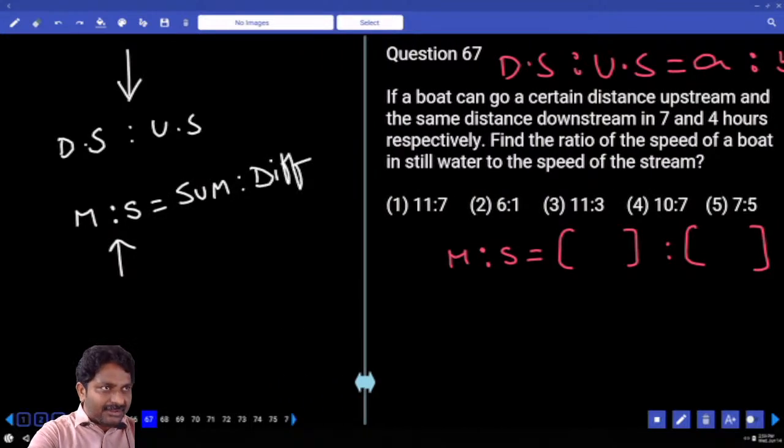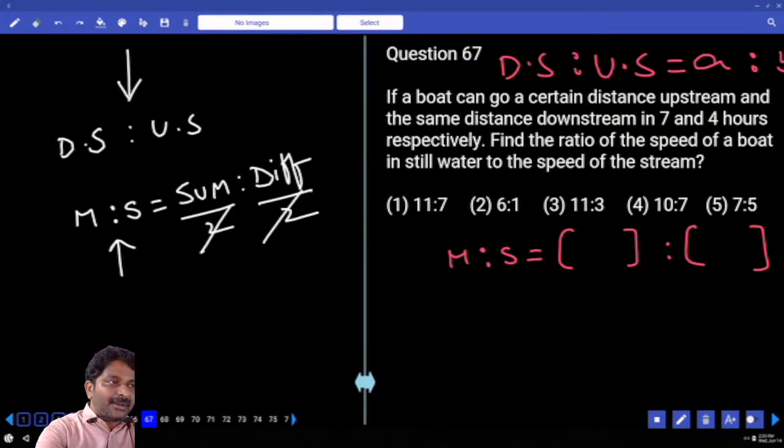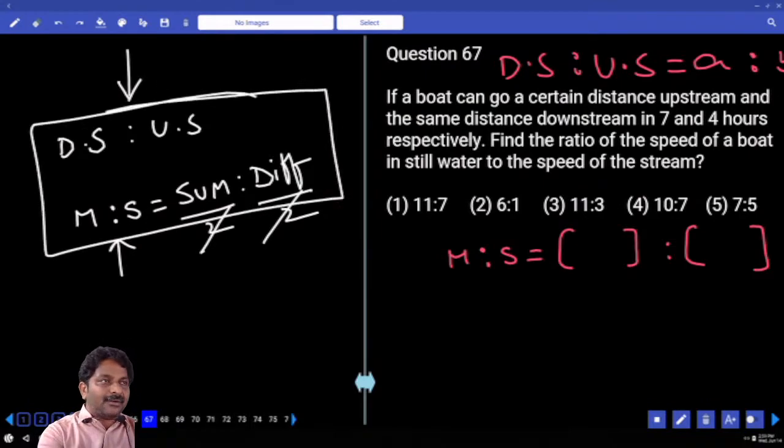Basically you are supposed to write by 2 also, but it is not required because that is a ratio, it gets cancelled. Okay? Don't make me repeat it, remember: if a ratio is asked, by 2 is not needed, just sum and then difference. If this point is at your fingertips, you don't have to write anything to answer this question.